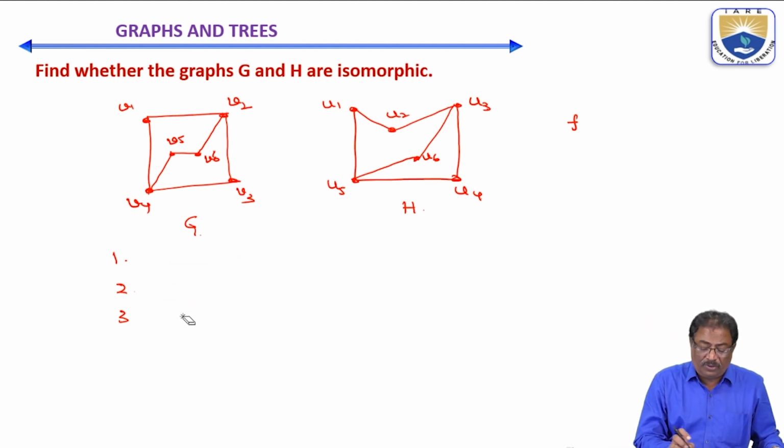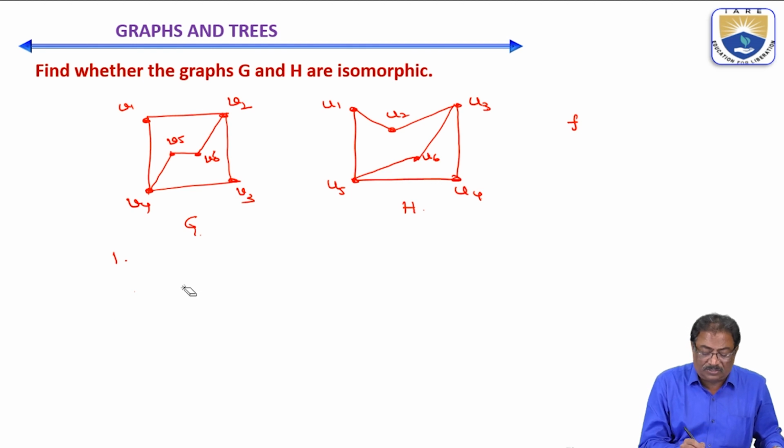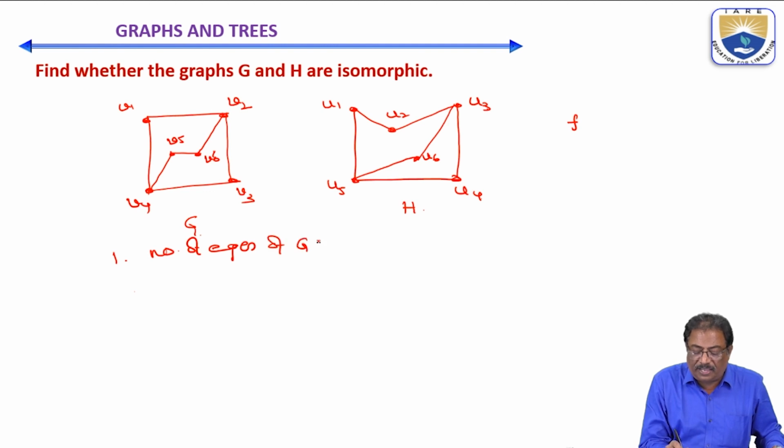Now, the number of vertices in G: 6. The number of vertices in H is also 6. And the second one is the number of edges.